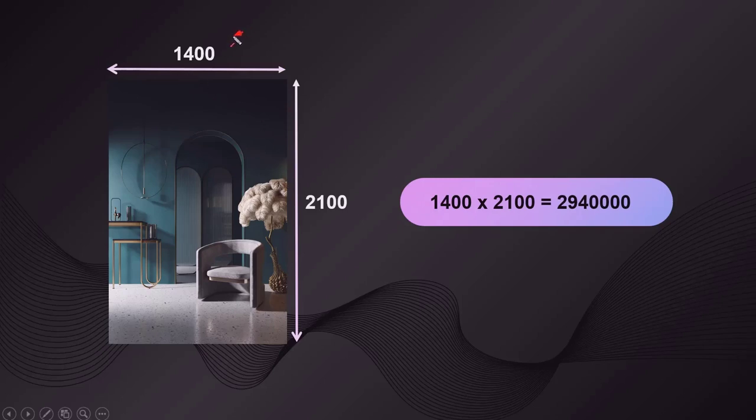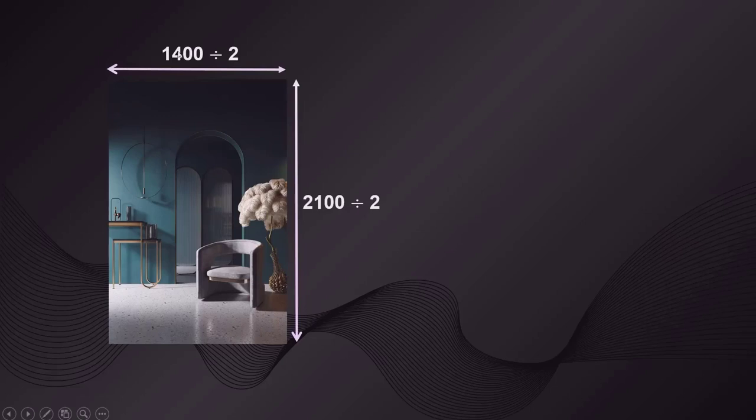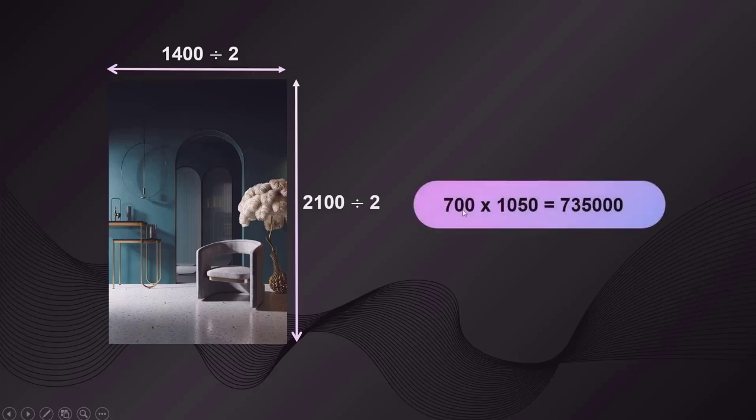But if we decide to choose the irradiance map method, we could have some control over the number of rays that are cast into the scene regardless of the dimensions. For example, the irradiance map method could divide the width by 2 and also the height by 2, and then we would have 1/4 of the rays that we had before. So we would have 735,000 rays cast into the scene.